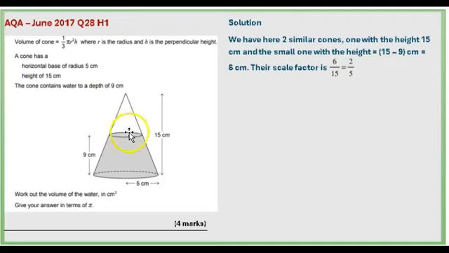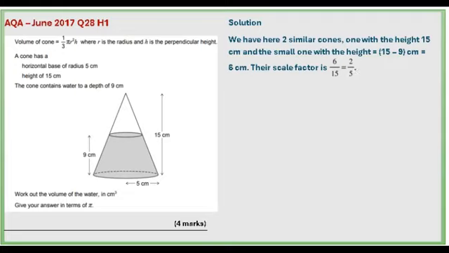Now, having that, we can find the radius of the small cone, which is going to be 2/5 of the bigger radius.